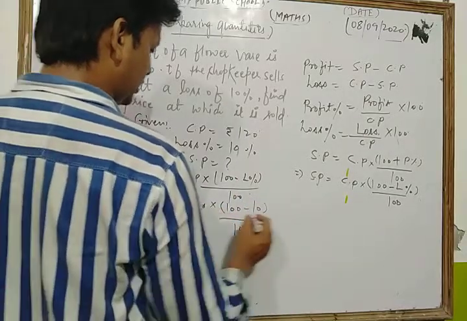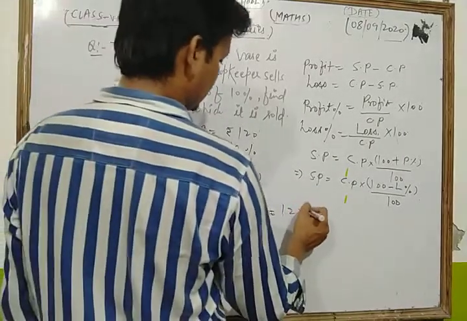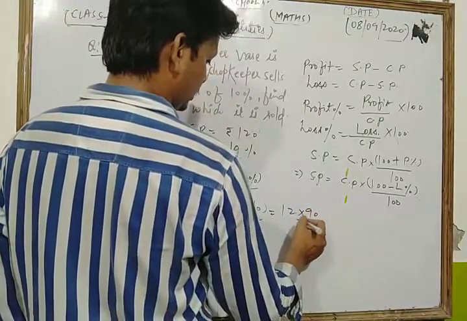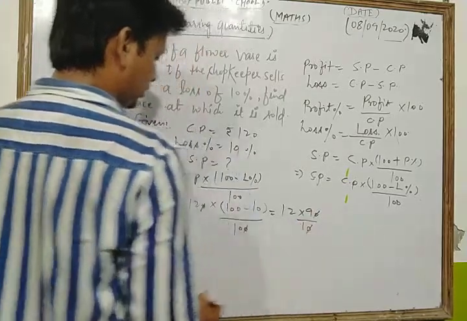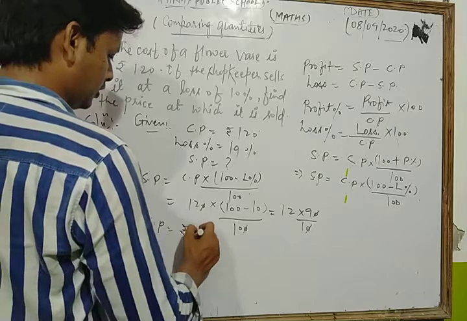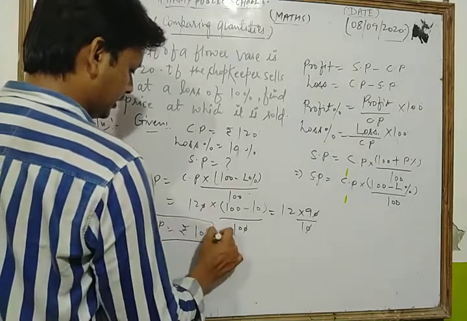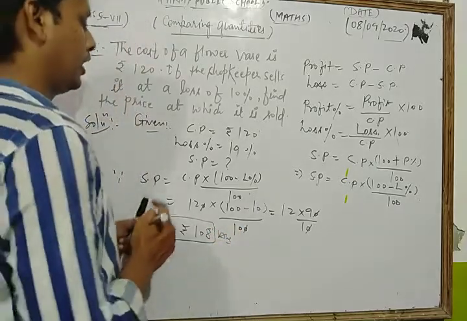The zeros cancel each other. Now we get 12 into 90 upon 10. The zeros cancel each other. Now the selling price of that is rupees 108. This is our required answer.